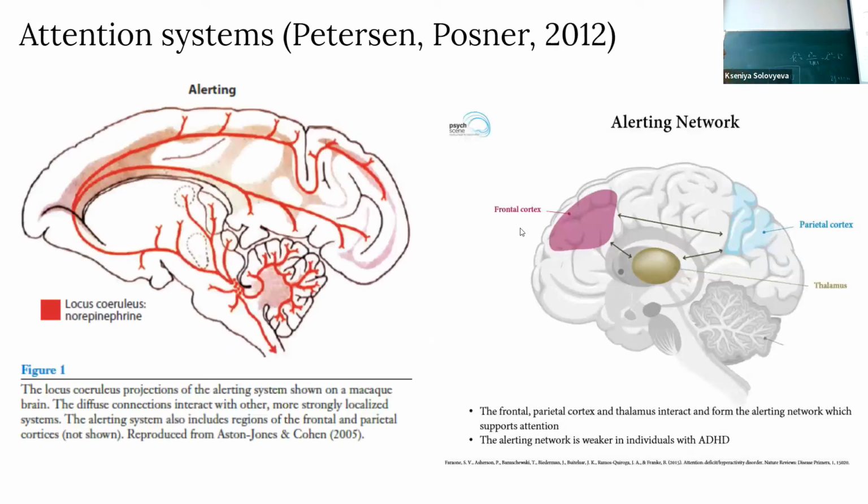The first attention system, the alert system, is quite simple because it includes just the locus coeruleus, or blue spot.